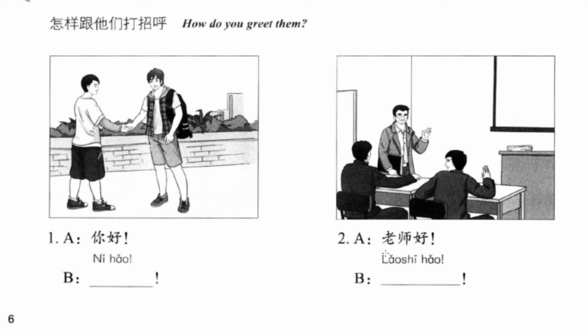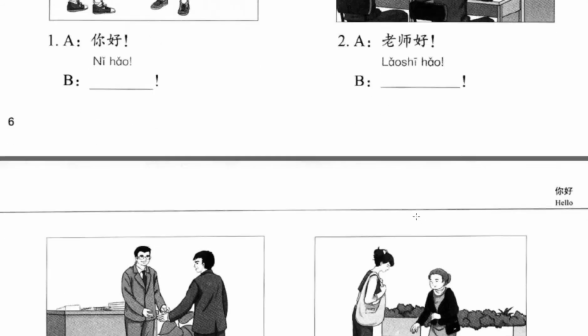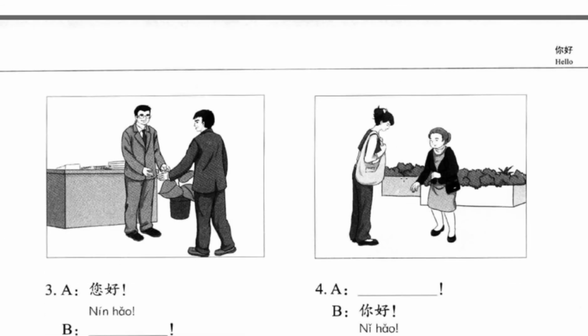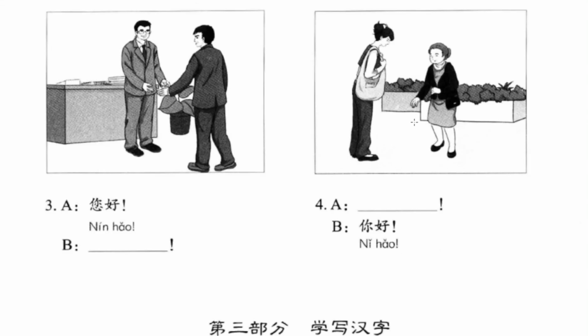Because 你 means you, singular, but 你们 is not singular. Two or more than two people, right? Try to remember 你, 您, 你们. Okay, the next two pictures you need to practice after class.